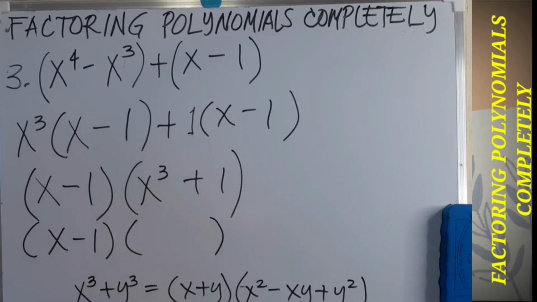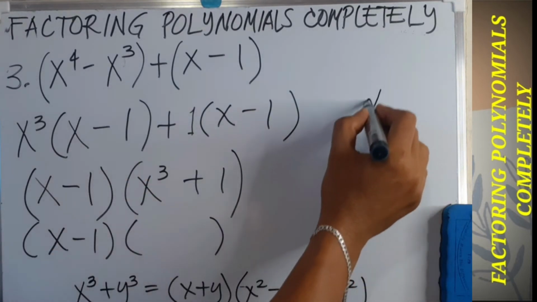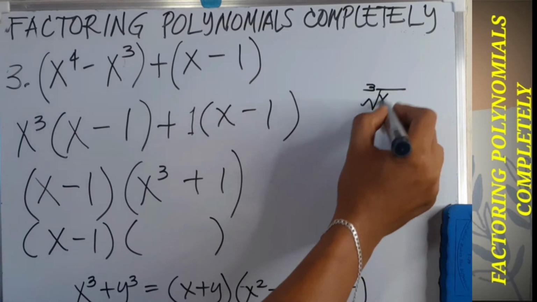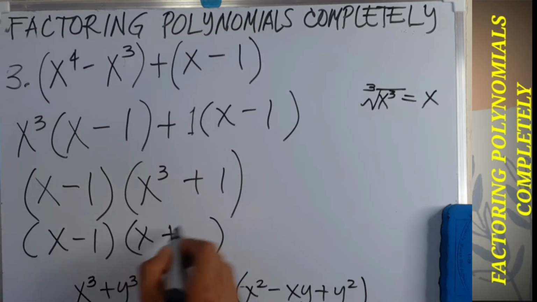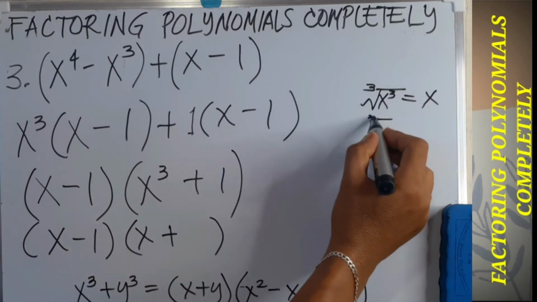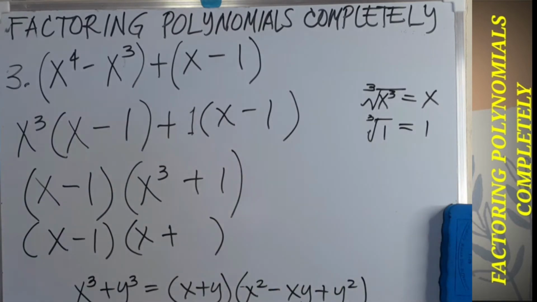The first binomial factor is the cube root of x cubed, which equals x, plus the cube root of 1, which equals 1. So plus 1. So our x is x, our y equals 1.